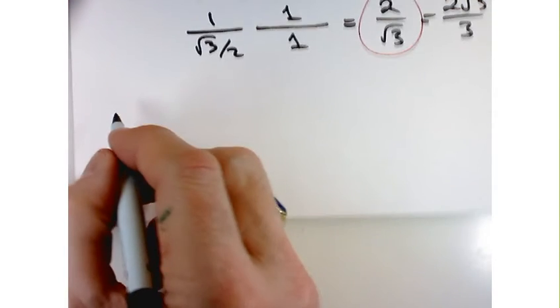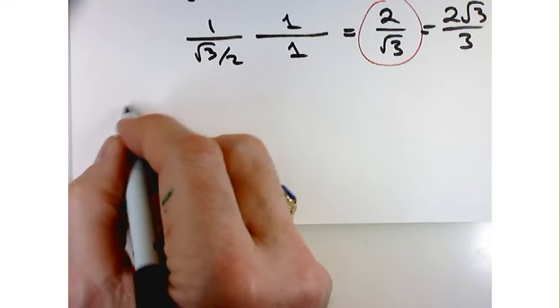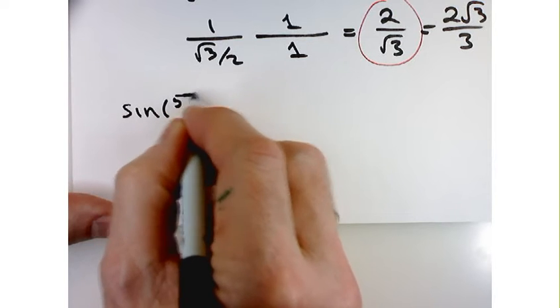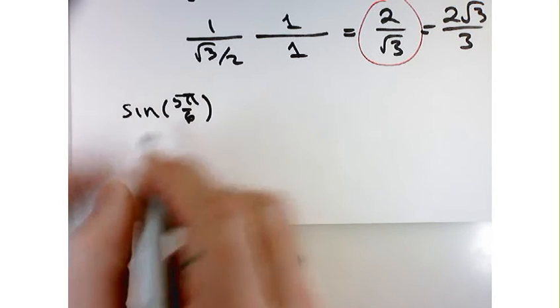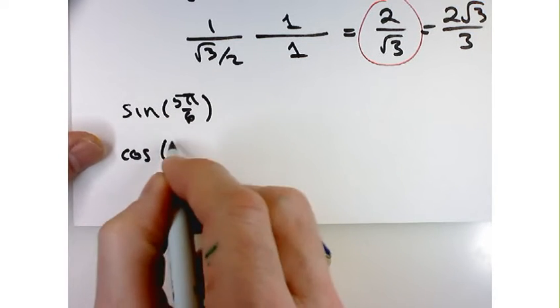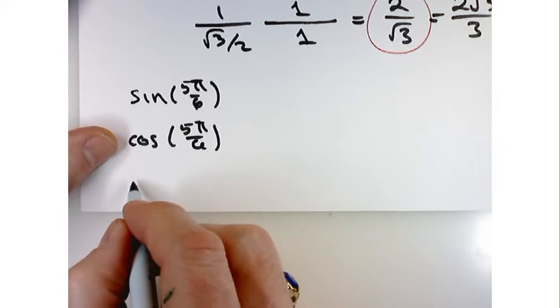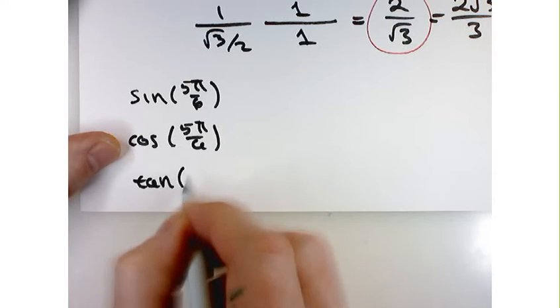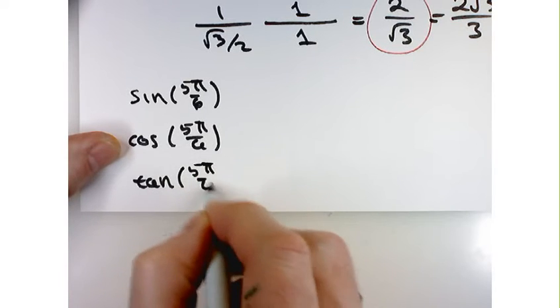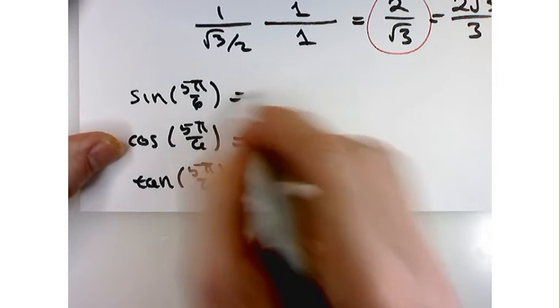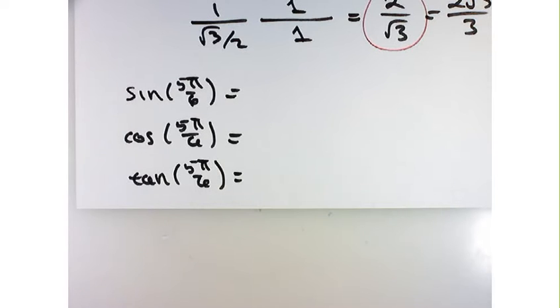So sine of 5 pi over 6, cosine of 5 pi over 6, and tangent of 5 pi over 6. Now across from these, I always like to line up their reciprocals because it's easy to go across like this.